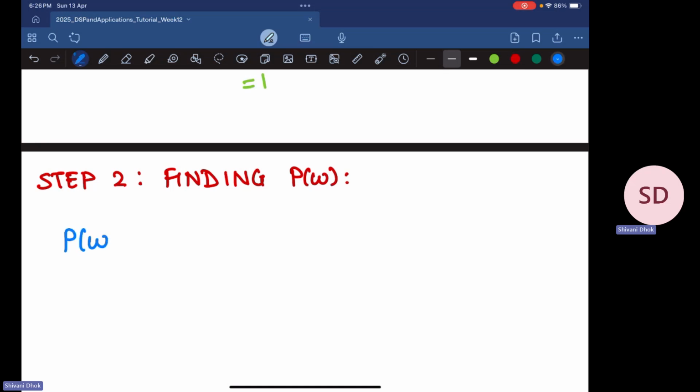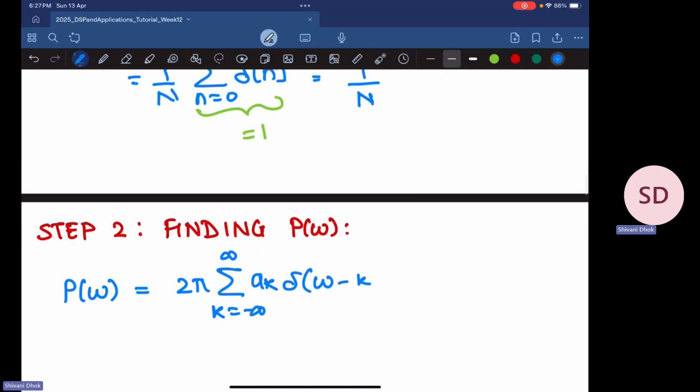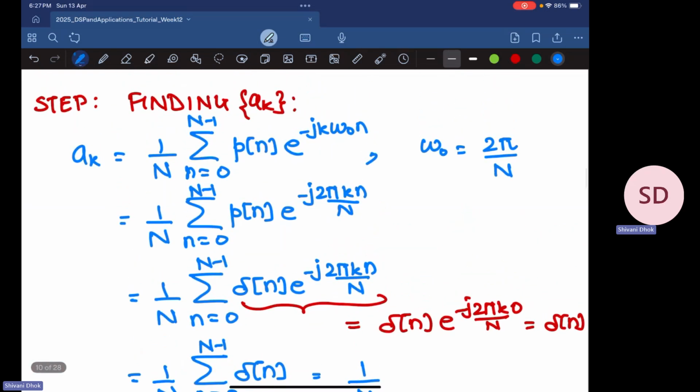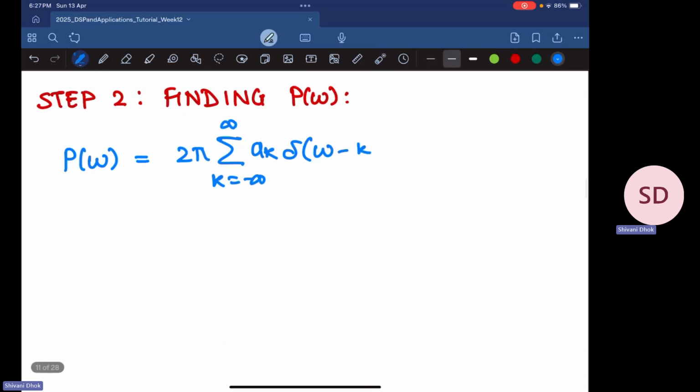P of omega is 2 pi summation k running from minus infinity to infinity a_k delta of omega minus k times omega naught, and omega naught we have seen is equal to 2 pi by N. Now what were our a_k's?